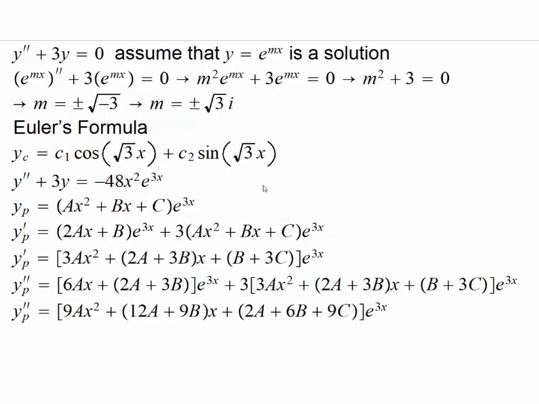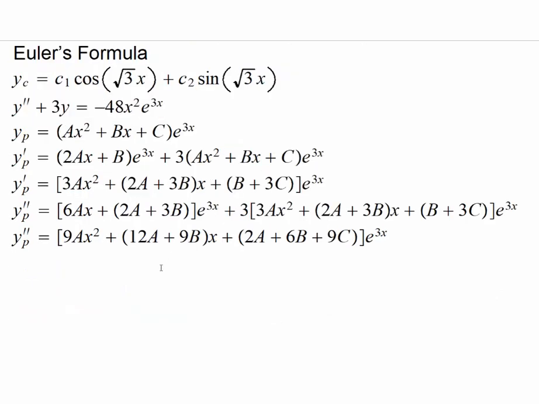We don't need the first derivative in the original equation. So now we look at our equation: the particular solution, or the particular integral as we sometimes call it, has to satisfy this equation. So we have to substitute these values in here.